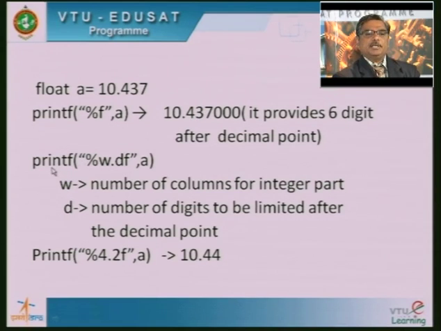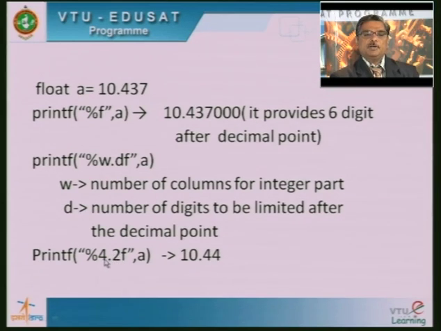You have support in printf: %w.d. Here it is a control string. W refers to the number of columns for the integer part, that is, the number of columns required. D refers to the number of digits to be limited after the decimal point. If you want 2 digits limited or 3 digits limited, you specify the number here.